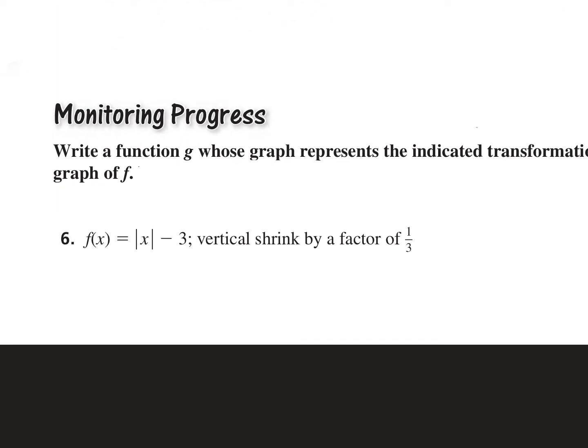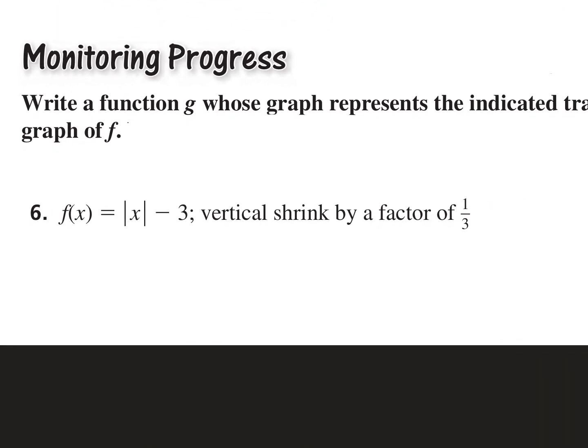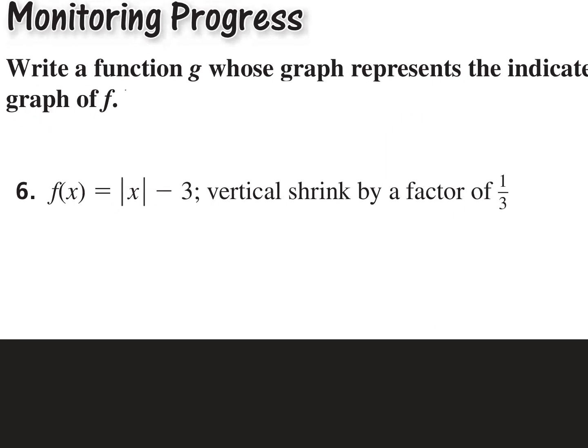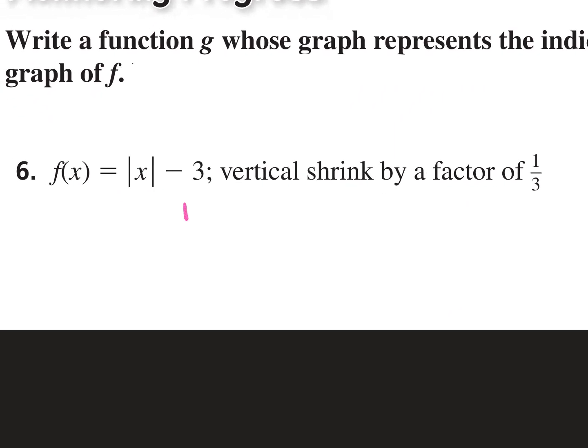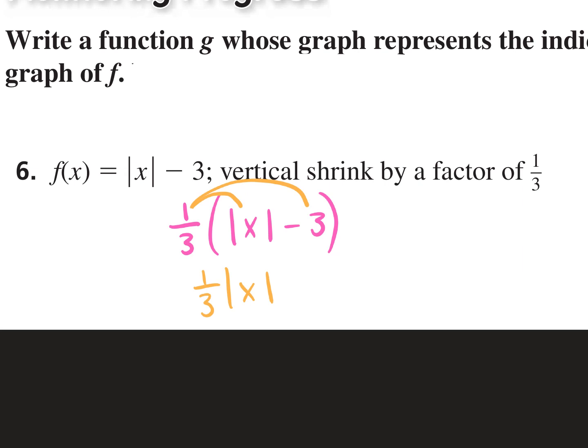Okay, let's look at 6 right below it. So I have a vertical shrink by a factor of 1/3. So that 1/3 gets multiplied outside. What would I have to do next? Distribute it. So it gets distributed to the absolute value and to the minus 3. So it'd be 1/3 times the absolute value of x. What's 1/3 times negative 3?